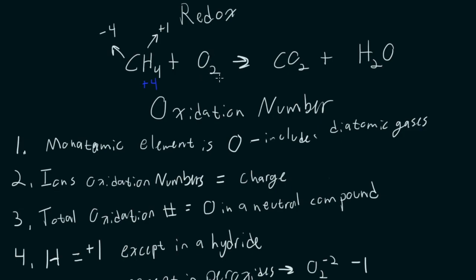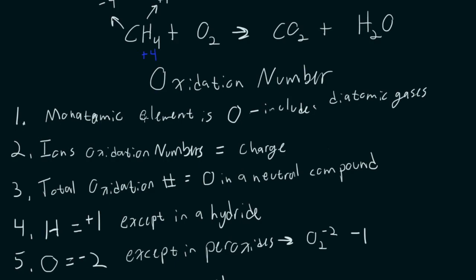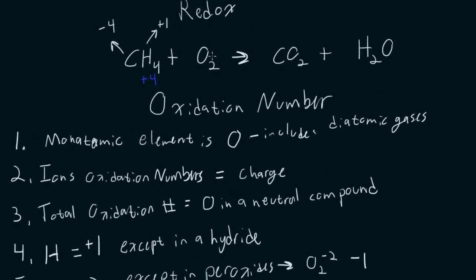O2, what is this going to be? Well, oxygen's always -2, right? Oh, but rule number 1, a monatomic element is going to be 0. And oxygen, O2, all by itself, that is monatomic. So its charge is 0. Then we go to the other side. We've got rules for oxygen here. Oxygen's in a compound where it's going to be -2. And there's 2 of them there.